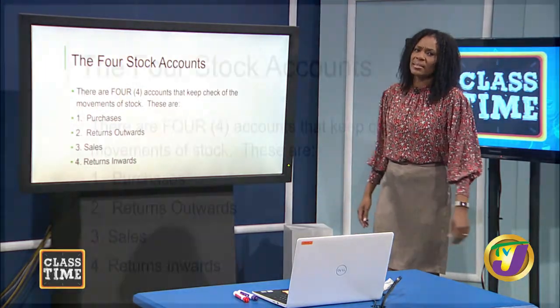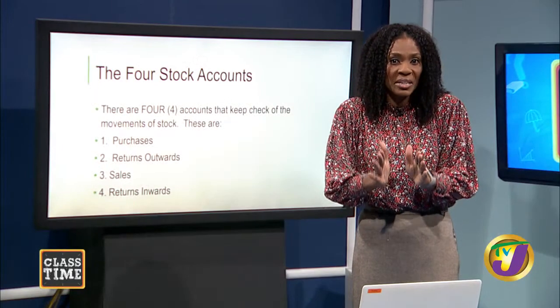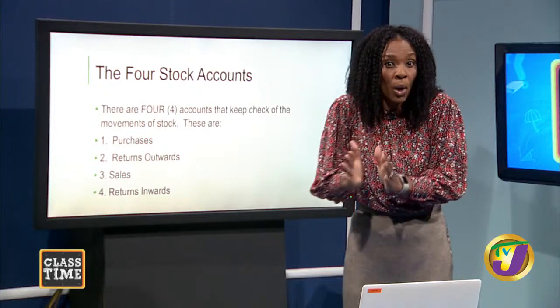Now, students, the dealings of stock is relatively plenty. Sometimes we buy the stock, sometimes we sell the stock, sometimes you have the stock returning. Either we, as the business, return it to our suppliers, or our customers return it to us. Now, as accountants, we try to be very systematic and orderly.